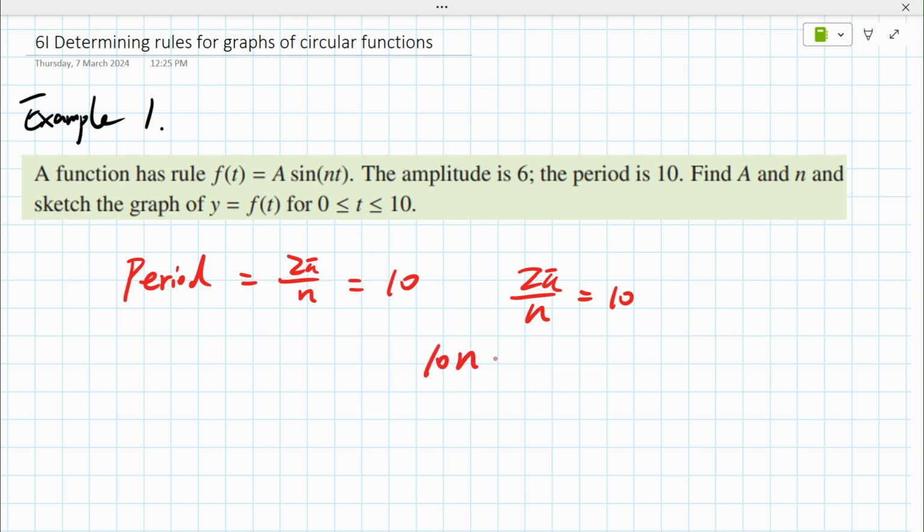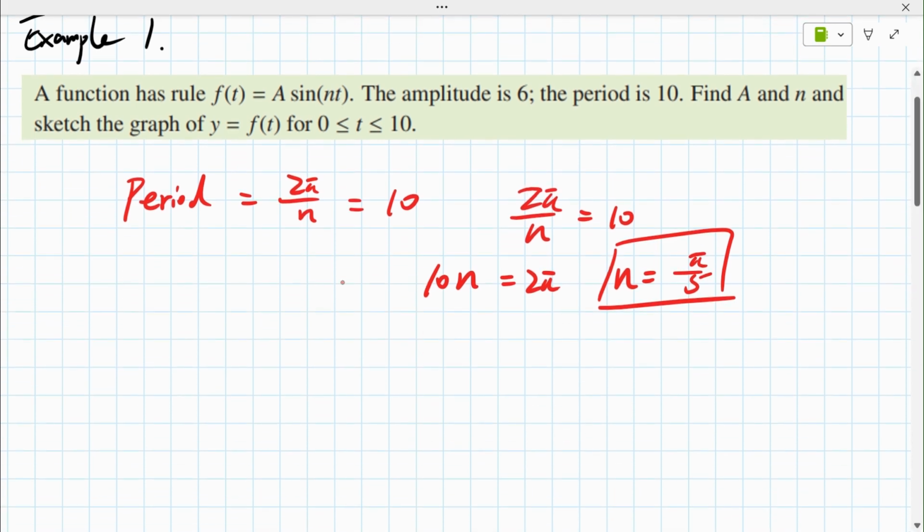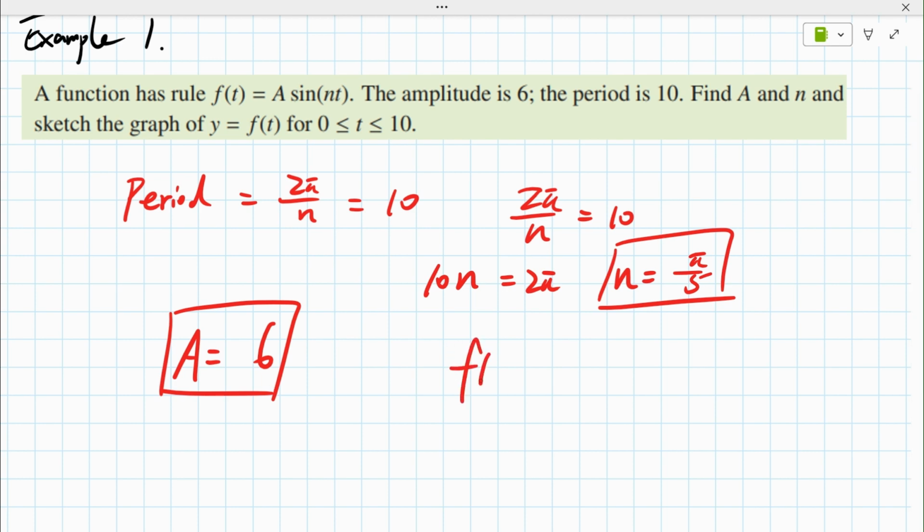So 10 times n equals 2 pi, and n equals pi over 5. Hopefully that makes sense. And the amplitude A equals 6, so f(t) will be equal to 6 sine pi over 5 t.